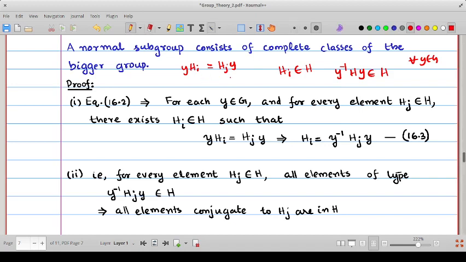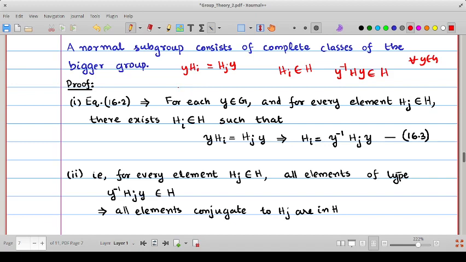This holds for all elements Hi of the subgroup H. So then we can multiply this equation from the left with Y inverse.